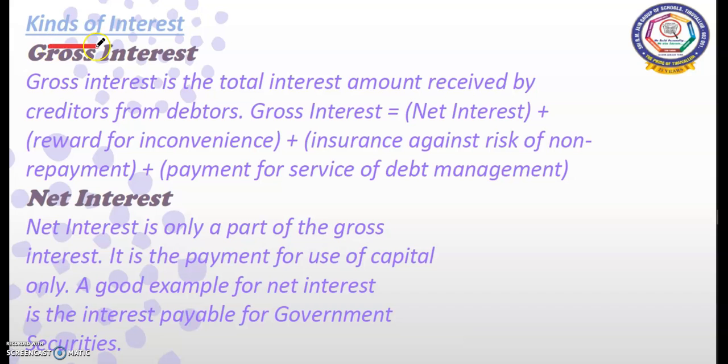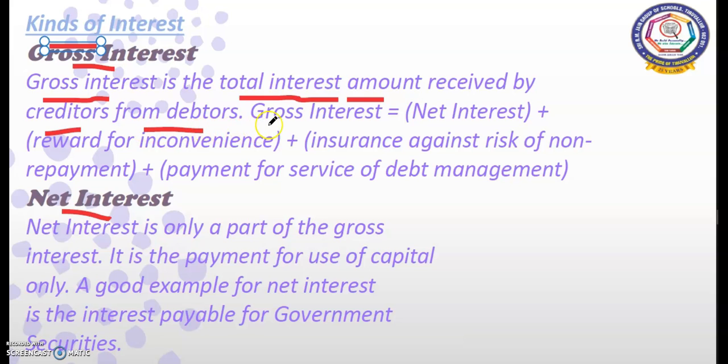Next, there are two kinds of interest. One is gross interest and another one is net interest. First, gross interest. Gross interest means total interest amount received by the creditors from debtors.